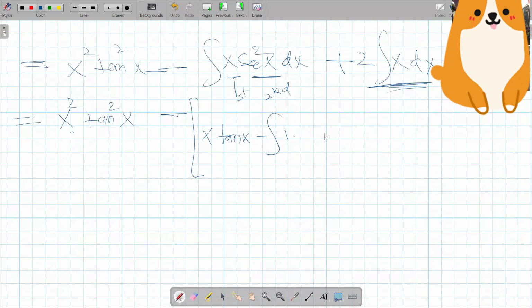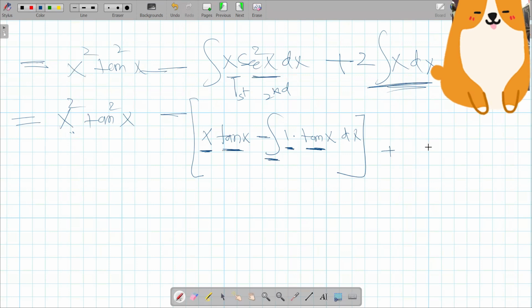What is integration of sec squared? tan x. Wait, but we can't. That's just the same problem, isn't it? No, there's no problem now. You can directly apply integration by parts. First function same, integration of the second function, minus integration of derivative of the first function times integration of the second function.